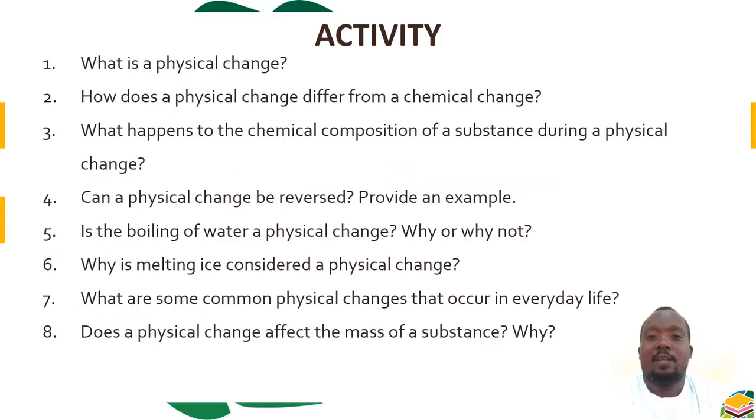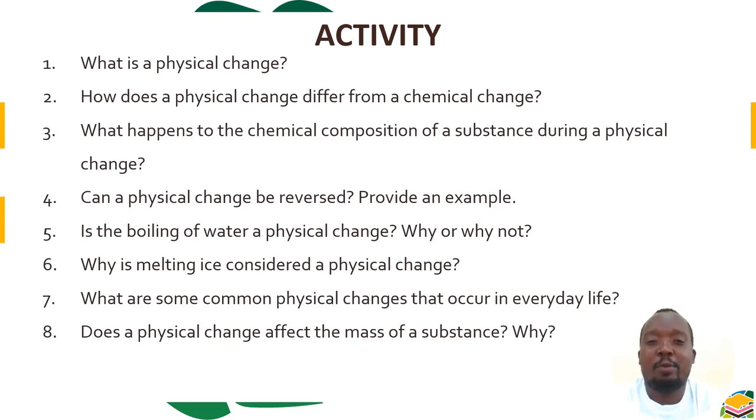Now, can someone summarize? Can you summarize what you have learned in this lesson? Good. I hope you have summarized it in this way. That in today's lesson, we have looked at reactants in a chemical reaction, products in a chemical reaction.